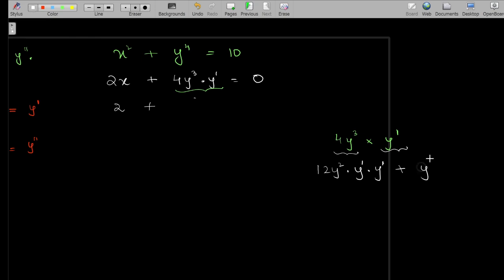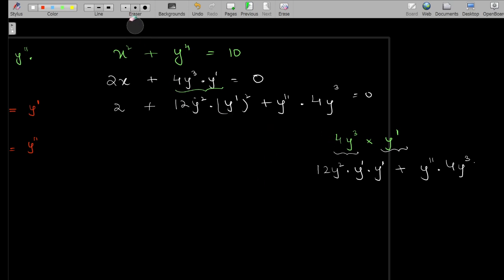Plus 4y cubed times y double prime. So this is 12y square times y prime whole square plus y double prime times 4y cube equals to 0.